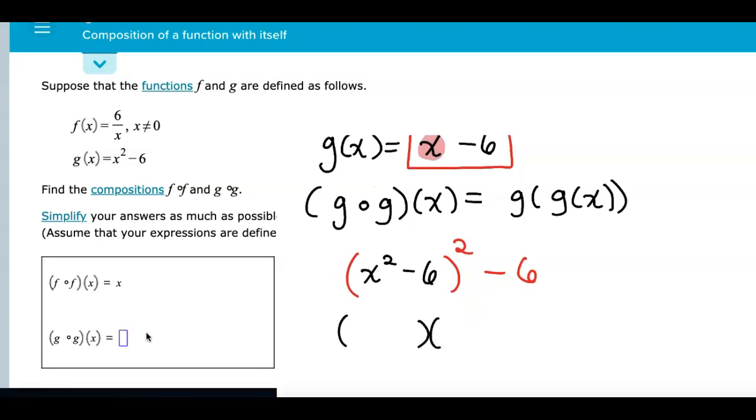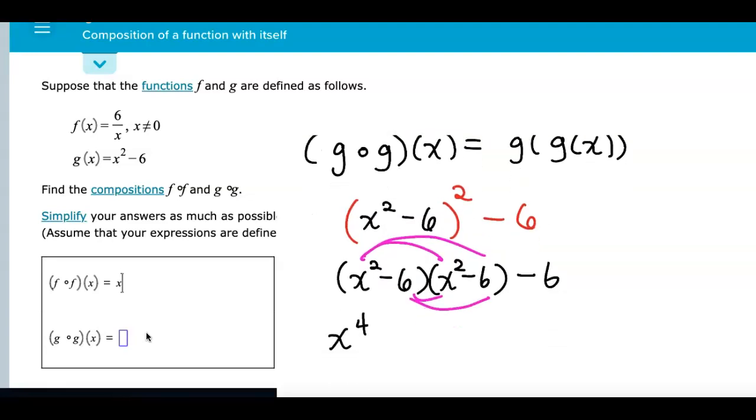If I expand this squaring, that is x squared minus 6 times x squared minus 6, and we need to FOIL this. I will get x to the 4th power minus 6x squared minus 6x squared plus 36, and I bring down my minus 6. I forgot to write the squaring over here, I apologize.